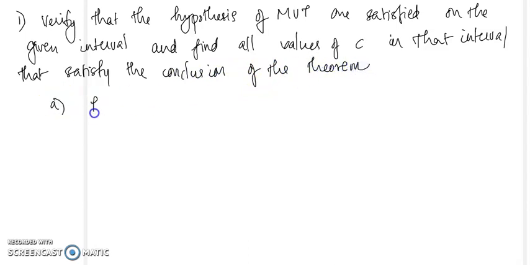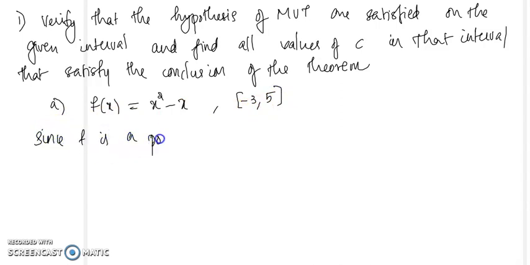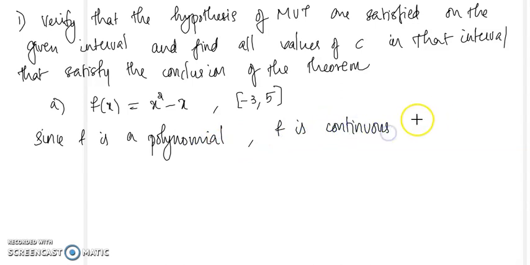So first one is f of x equal to x square minus x in the interval minus 3 to 5. So since f is a polynomial, f is continuous in the closed interval minus 3 to 5.